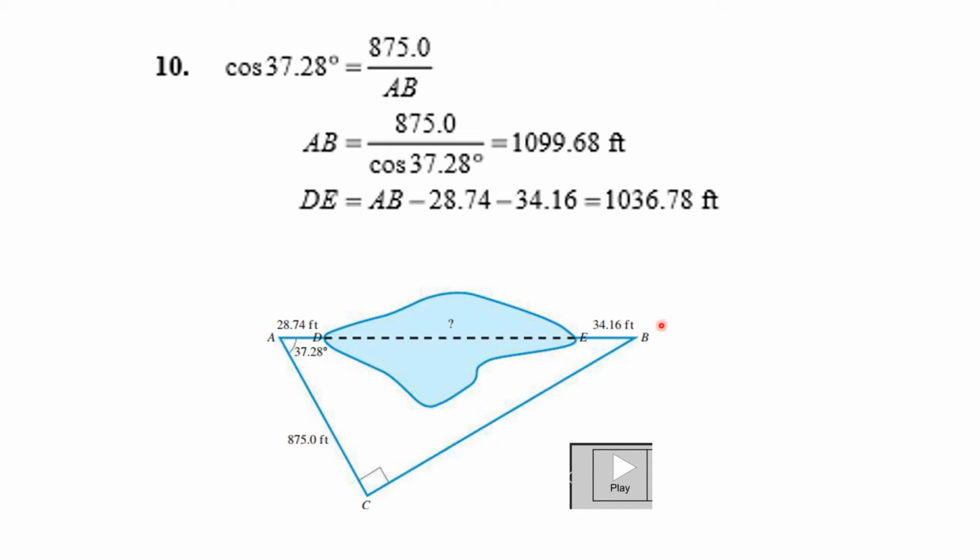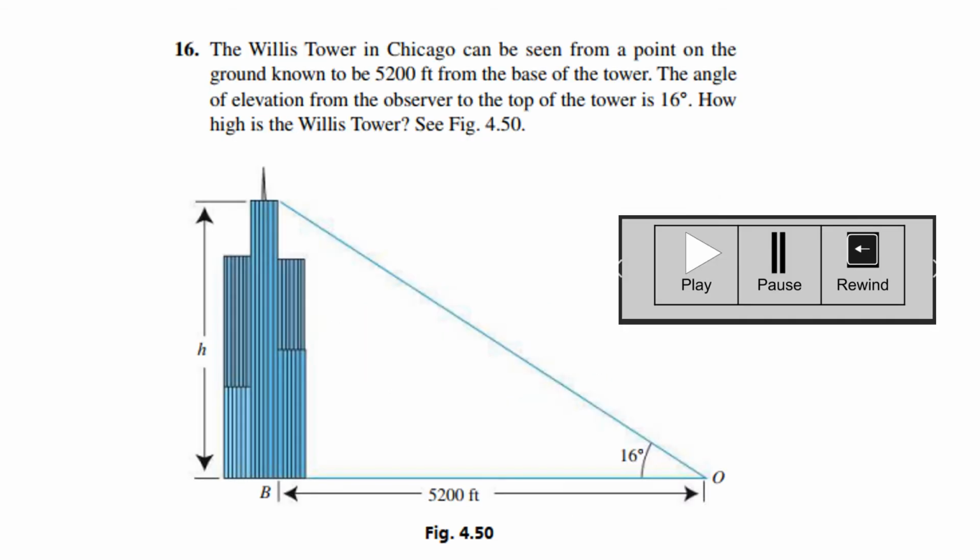So we can solve for the length of AB, and we get AB is almost 1,100 feet. But now we had two pieces on the ends that we have to subtract off, so the length from D to E is 1,036.78 feet. Let's do another problem.